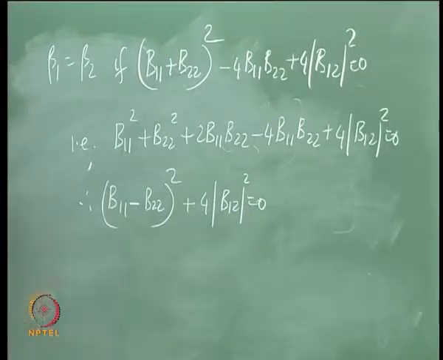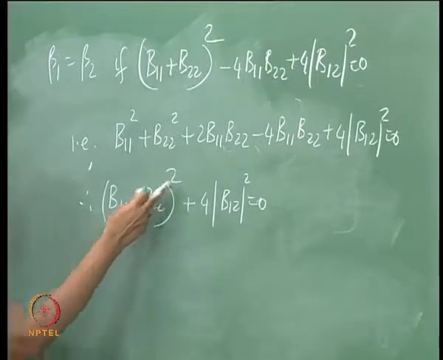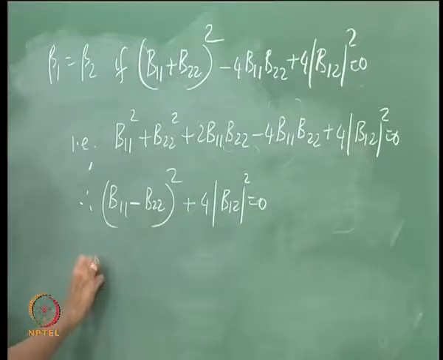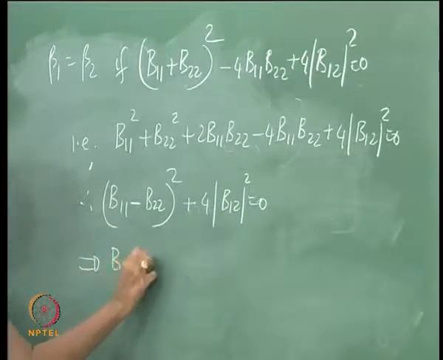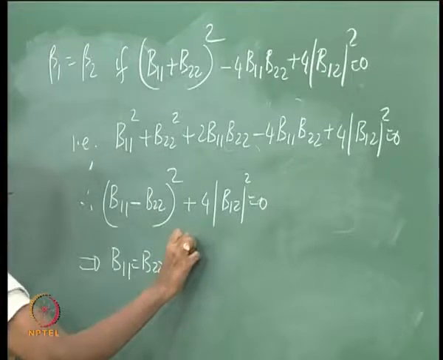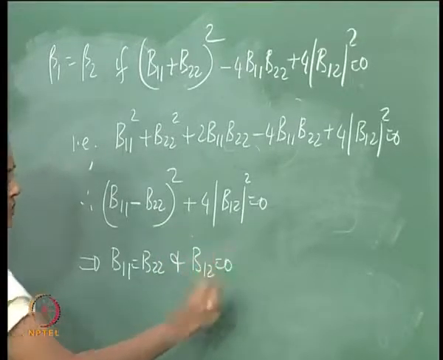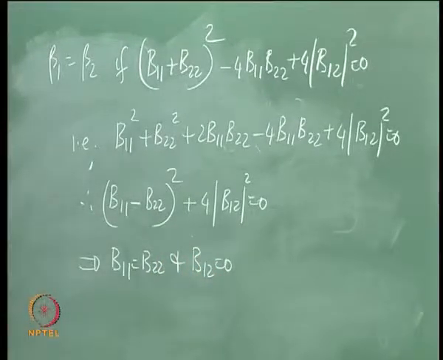If this were true, then beta 1 is equal to beta 2, no conditions on C1 and C2. Since both of them are positive quantities, this implies that B11 is equal to B22 and B12 is equal to 0. I could write modulus of B12 is equal to 0.